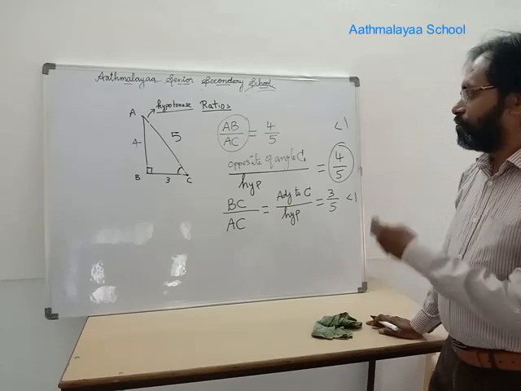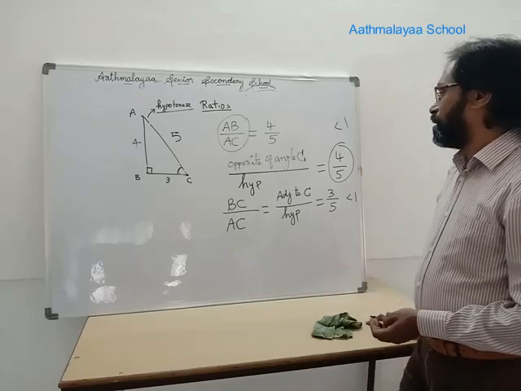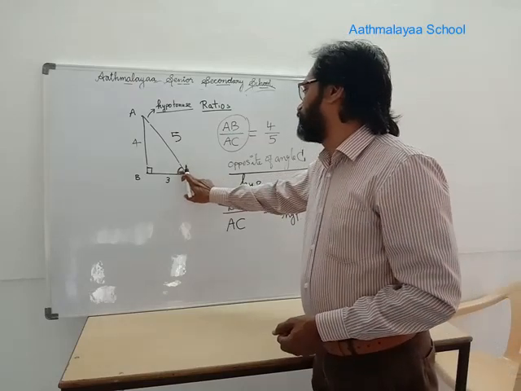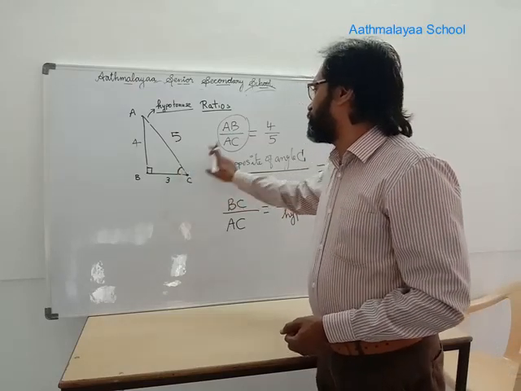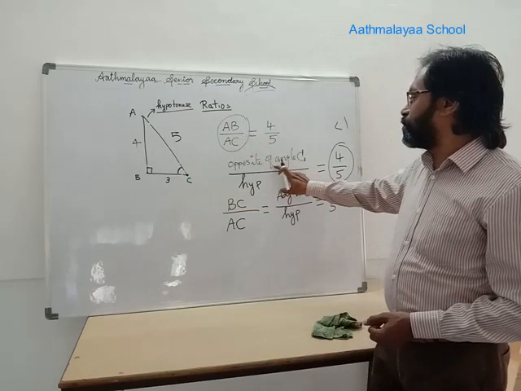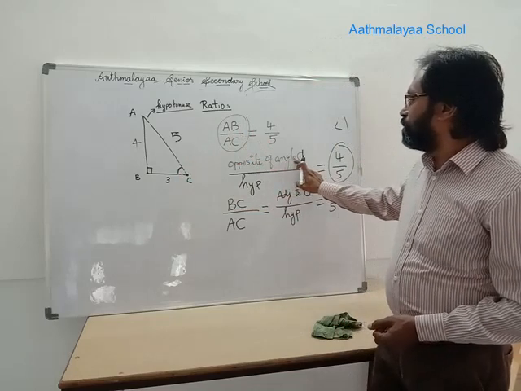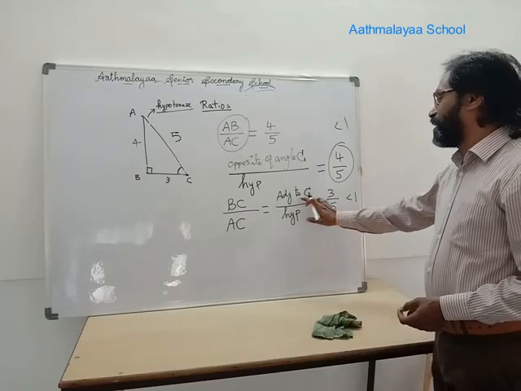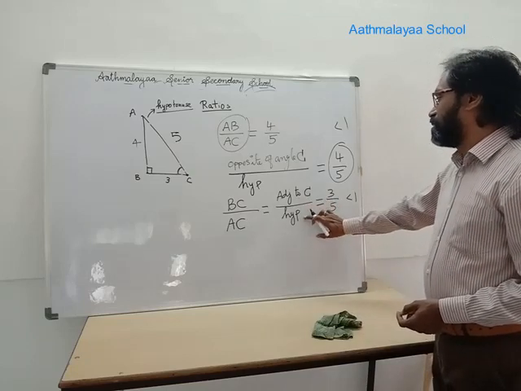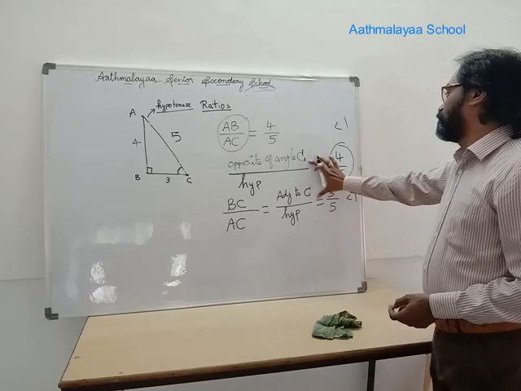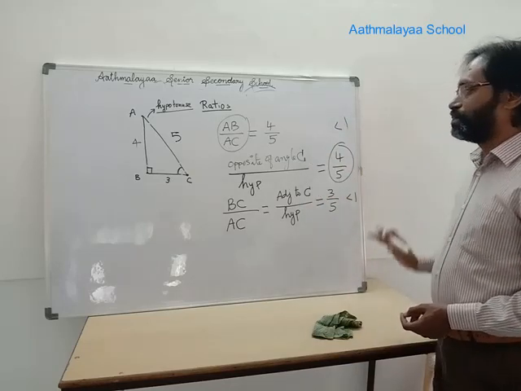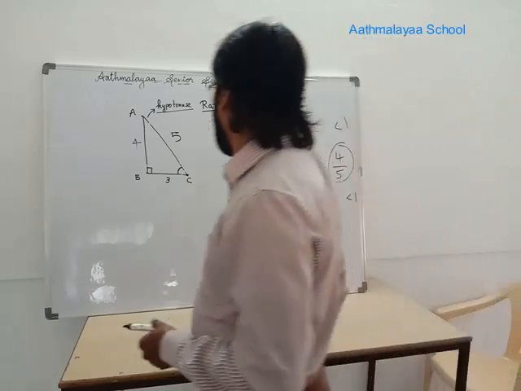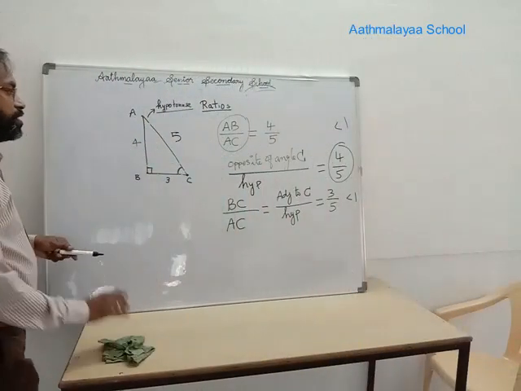So we have two ratios with reference to angle C. One ratio is AB by AC, which we call opposite divided by hypotenuse. The other one is adjacent to angle C divided by hypotenuse, and both these ratios are less than 1.